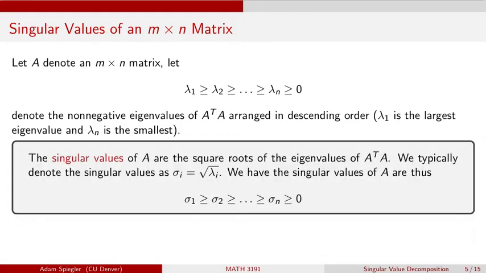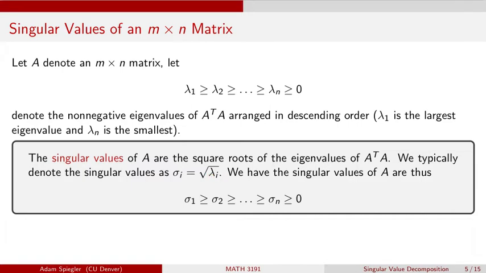So the singular values are going to be defined as the square roots of the eigenvalues of the matrix A transpose A. So we typically denote these singular values with the Greek letter sigma. So we would say sigma sub i is equal to the square root of lambda sub i.